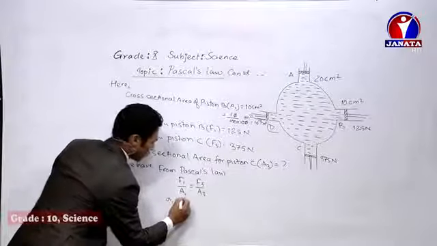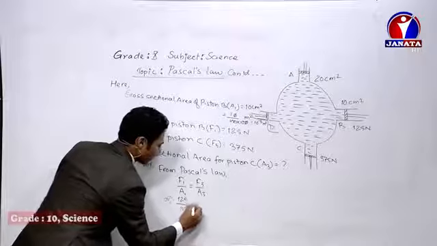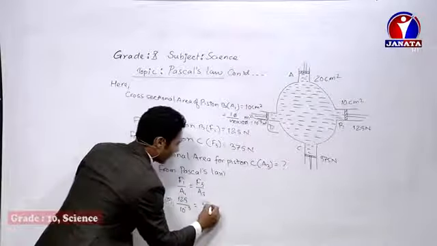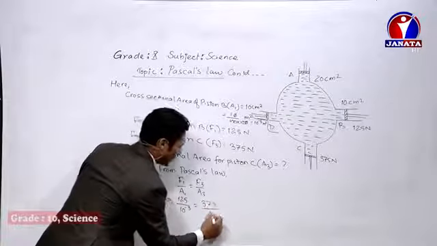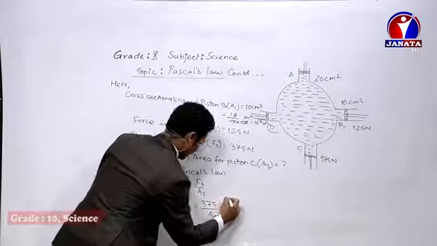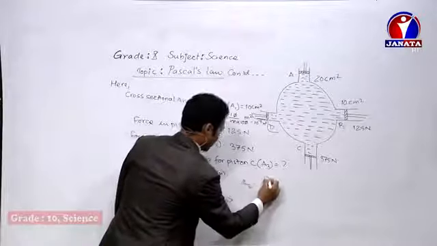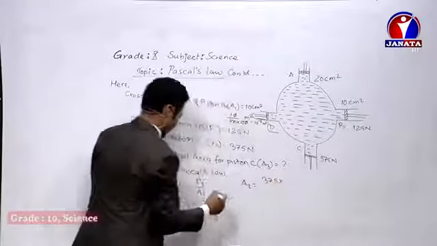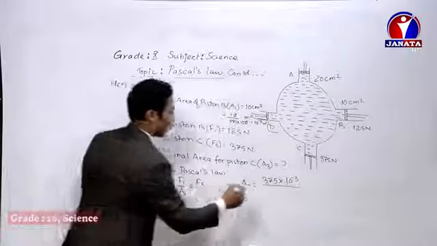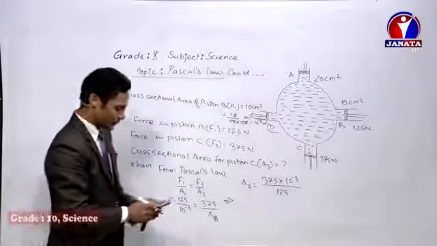F1 is 125 divided by the area 10 to the power minus 3, equals F3, which is 375 Newton, and A3 we need to calculate. If you simplify this, then A3 equals 375 into 10 to the power minus 3 divided by 125.